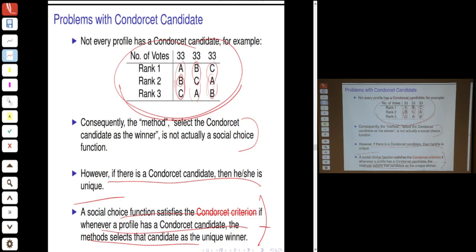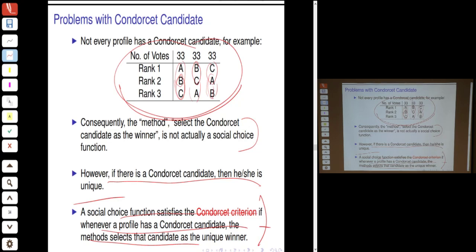You can ask your social choice function, which is an honest social choice function, to satisfy the Condorcet criterion. That is, if there is a winner by the Condorcet method, it doesn't need to be, but if there is one such winner, then your method must coincide with that winner.